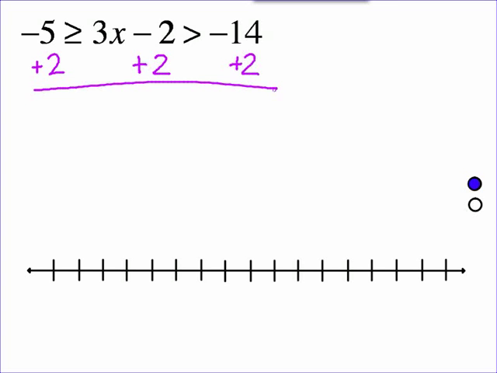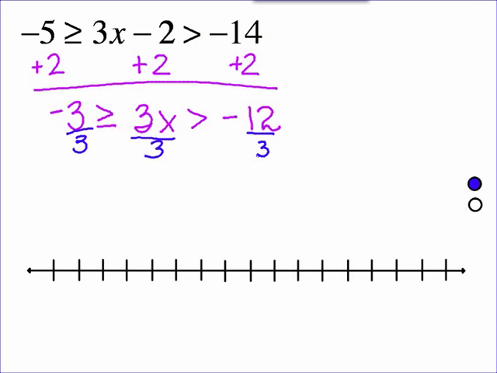What do I get? -3 is greater than or equal to 3x, which is greater than -12. What do you do now? Divide by 3. On the left, what do I get? -1 is greater than or equal to x, which is greater than -4. Good.